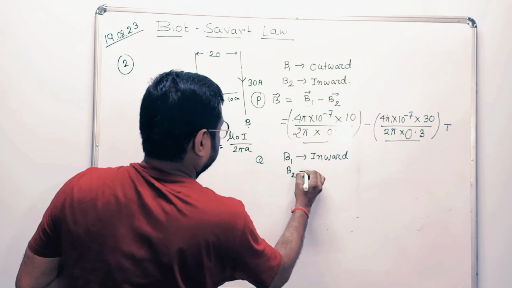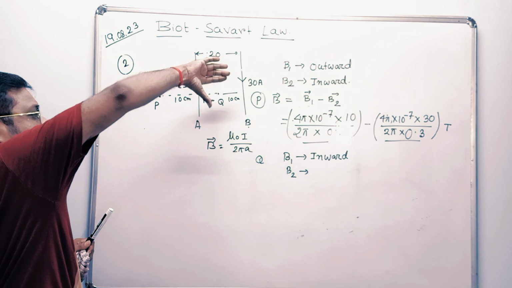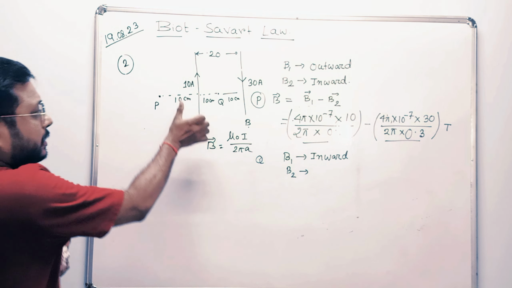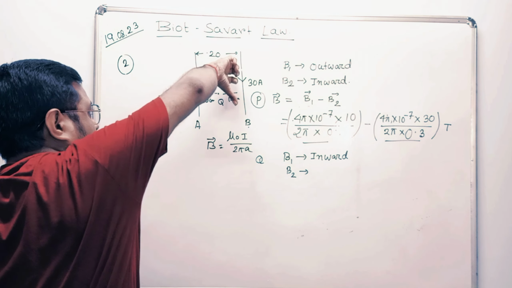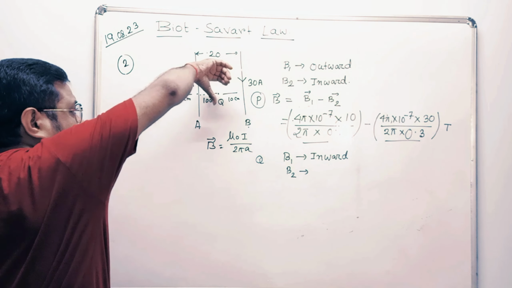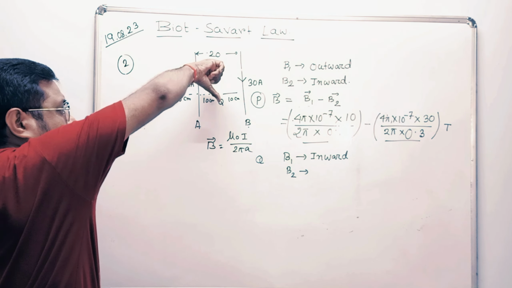What is the direction of B2? Thumb downward, curl your fingers. This is also inward.